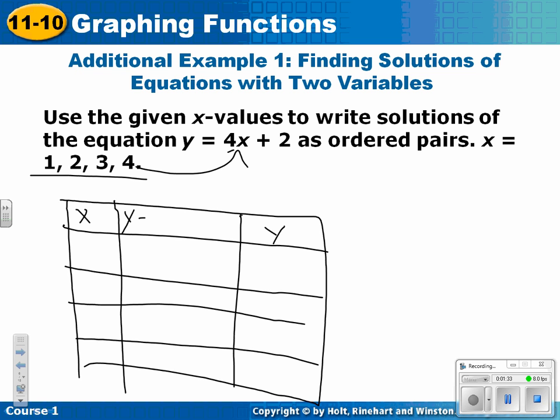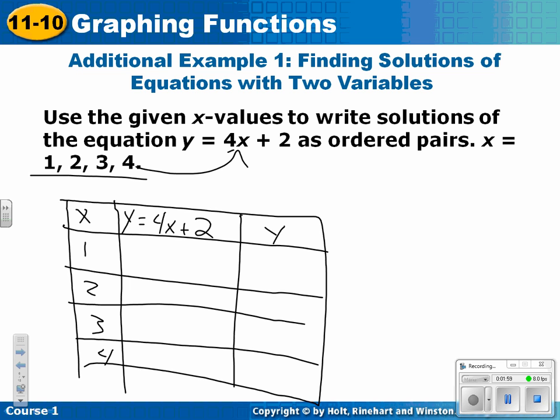Y equals 4x plus 2. Then your x values are 1, 2, 3, and 4, because that's what it's asking for. What is y when x is 1, when x is 2, when x is 3, and x is 4?